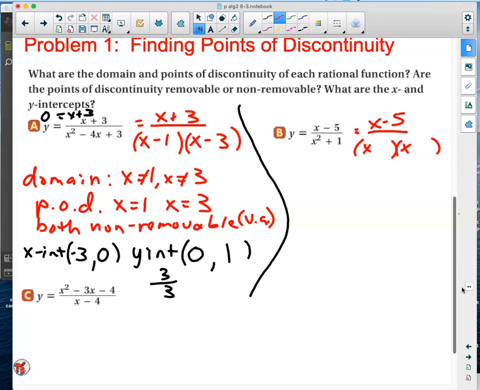Can't happen, can it? This is the one I did on the last page where I said, all right, backup plan. Let me set that equal to 0. Uh-oh. Those are imaginary. We don't get any zeros in the denominator. There's no way to factor that.